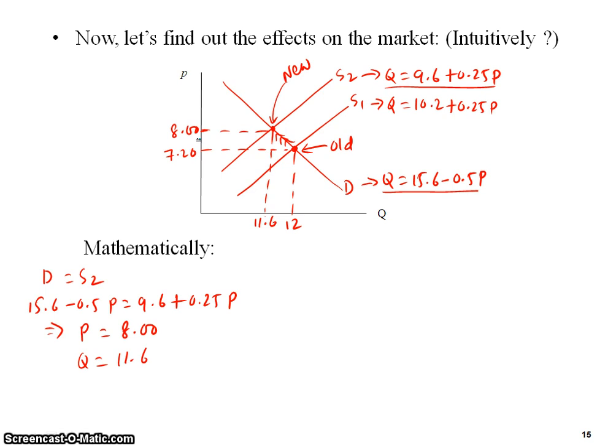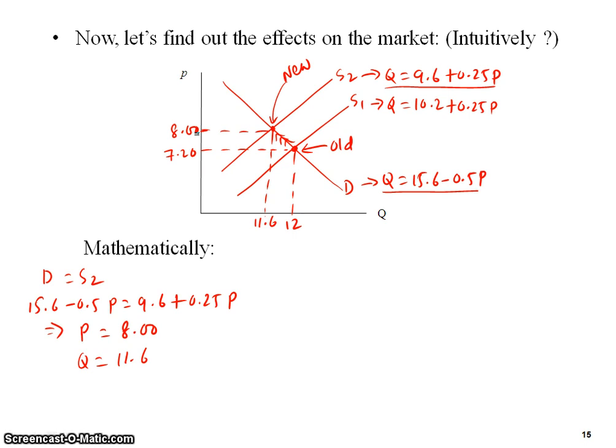Definitely not, right? Because in this example we are assuming that the sellers are responsible to set aside $2.40, right, for the government. Okay, so out of this $8 per unit price, the seller will set aside $2.40. So as a result, the price the sellers are actually going to enjoy will be $8 minus $2.40, right, which will be $5.60.